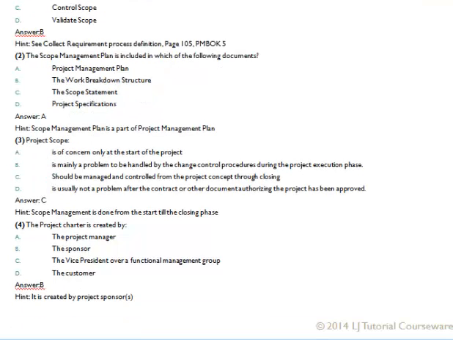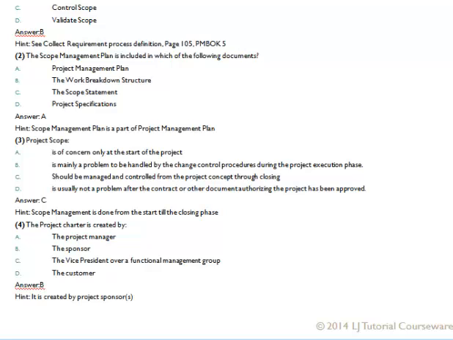Now, the project charter is created by the project manager, the sponsor, the president of a functional management group, or the customer. Now, remember, the project charter is done during the initiation phase. In the project charter, we're just trying to formally initiate a project and give adequate power for the project, so that the PM will be able to pull out the resources.